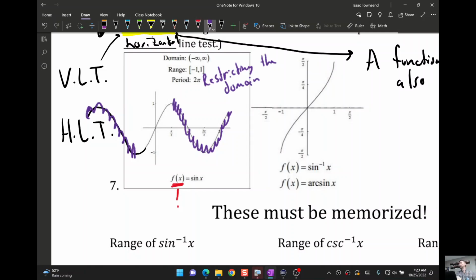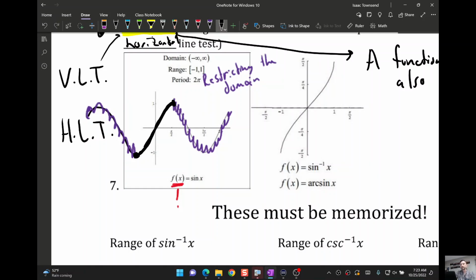It's just a fancy way of saying, we're going to ignore the stuff that's not helping us. We try to leave behind as much of the graph as we can, but we need to make sure that what we leave behind is one-to-one. Notice that the piece I'm choosing not to ignore not only passes the vertical line test, but also the horizontal line test.